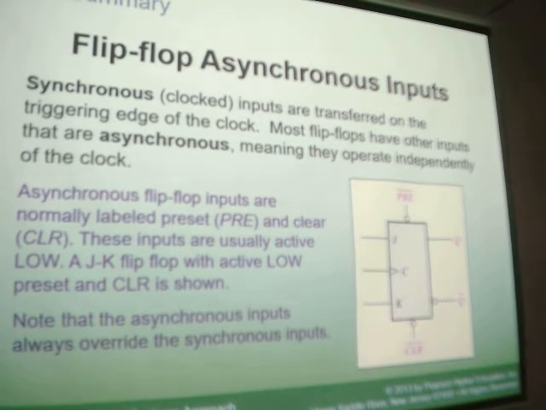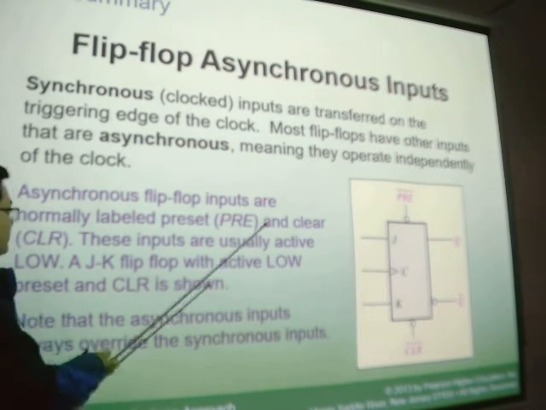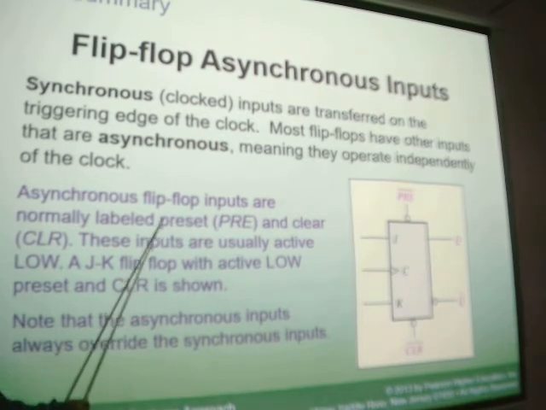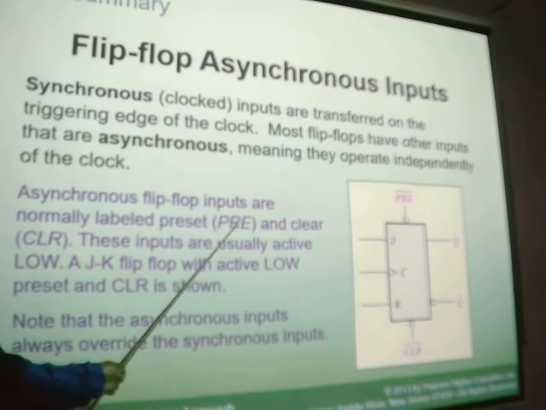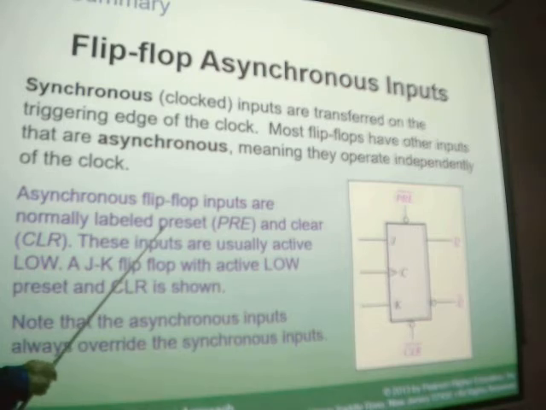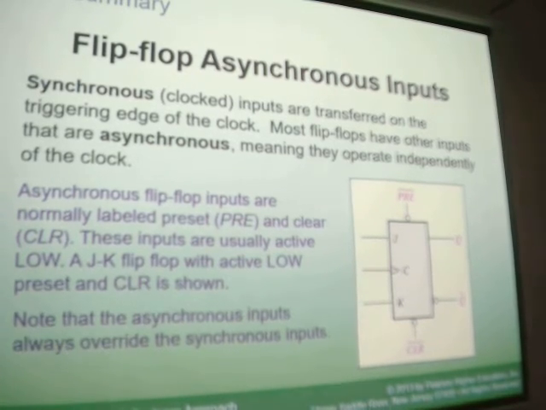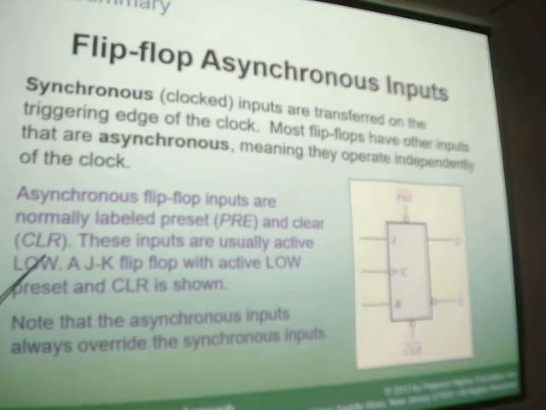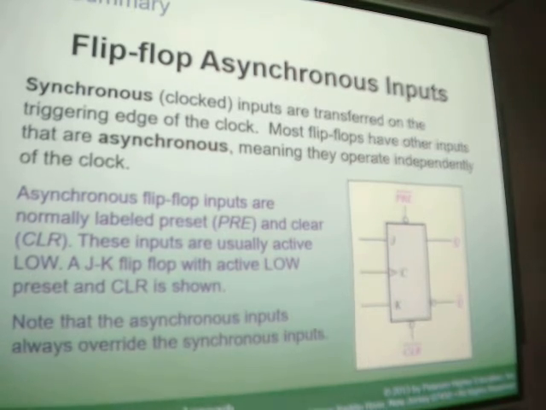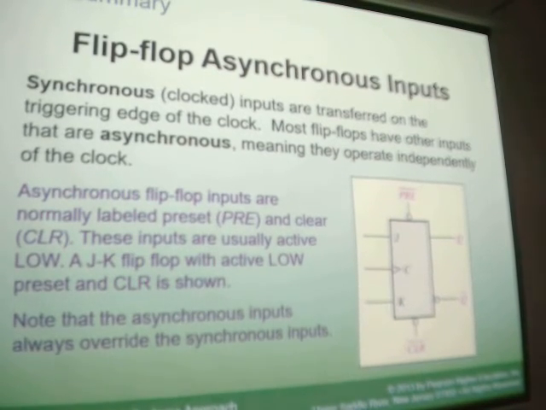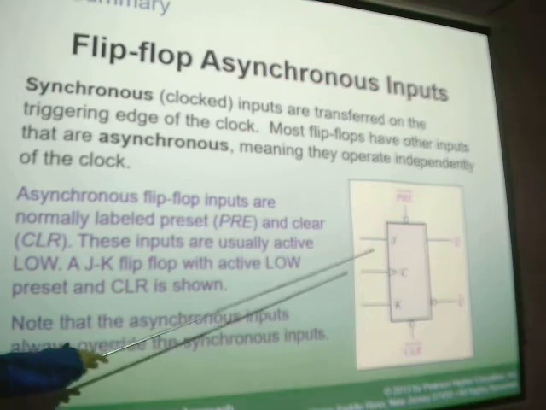Asynchronous flip-flop inputs are normally labeled preset and clear. Preset is named PRE, and clear is named CLR. These inputs are usually active low.